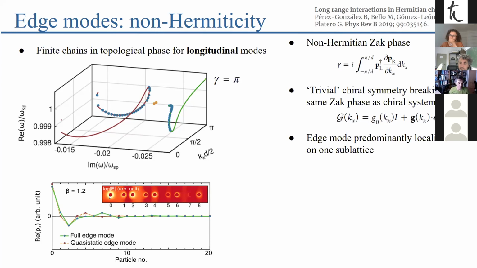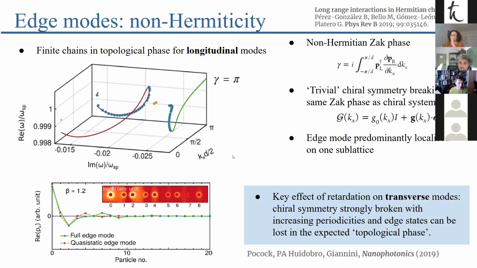And as a result, if we look at these edge modes, they are predominantly sitting on one sublattice, although there is some excitation of the other sublattice, which would be absent if we were respecting the chiral symmetry.